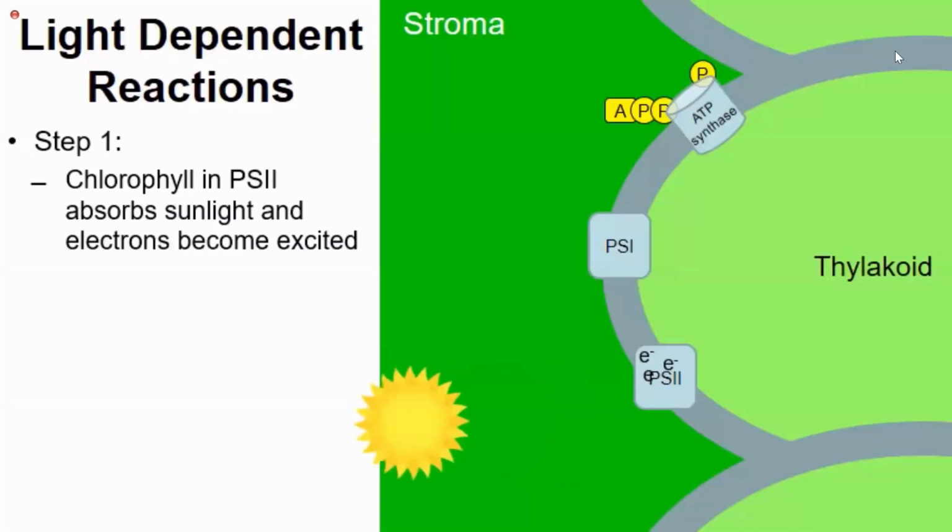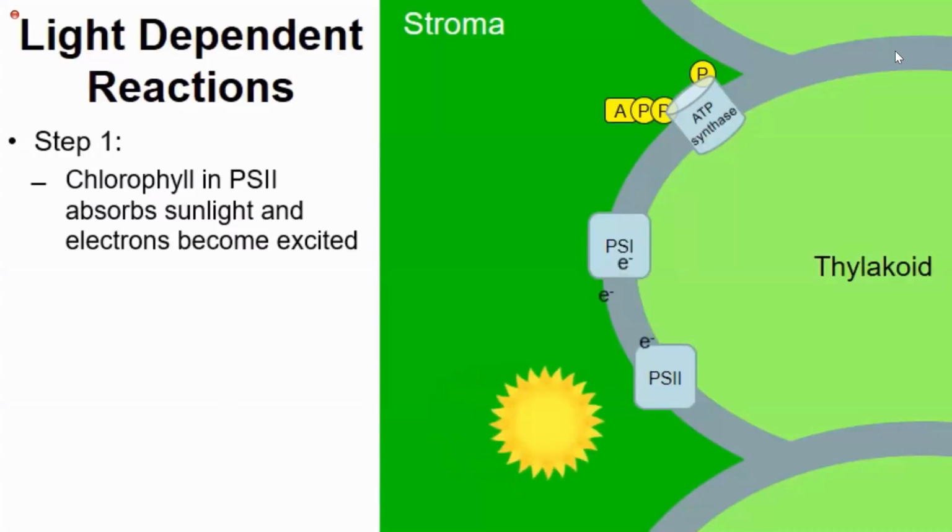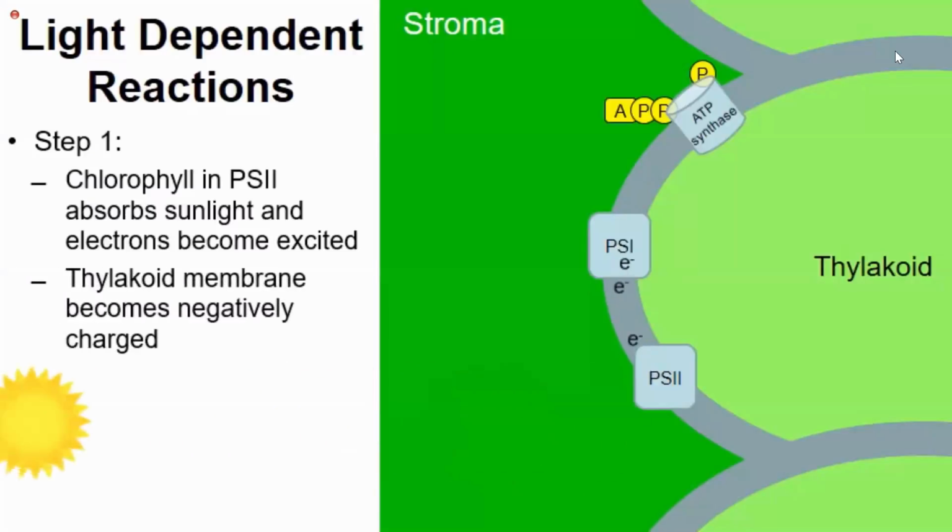In my animation, sunlight is striking the chlorophyll molecules in photosystem number 2, and this causes their electrons to become excited. The electrons flow into the thylakoid membrane. As these electrons from chlorophyll in photosystem number 2 flow through the thylakoid membrane, this makes the membrane negatively charged.